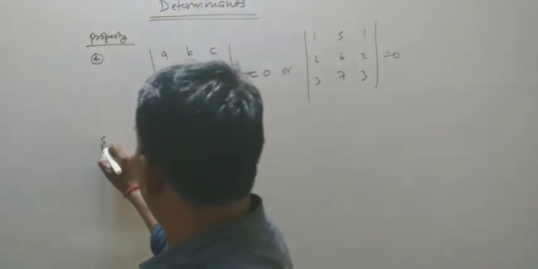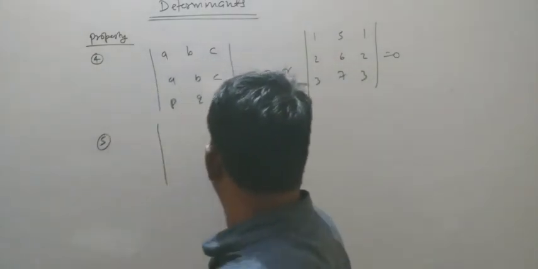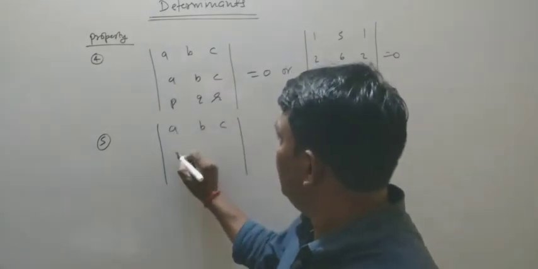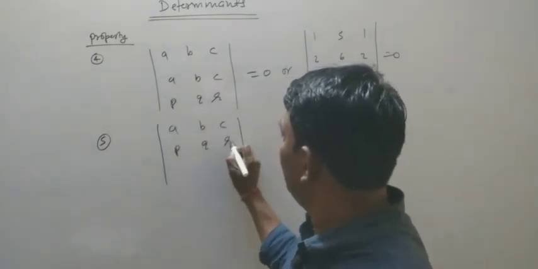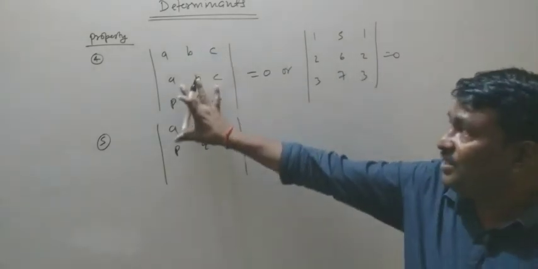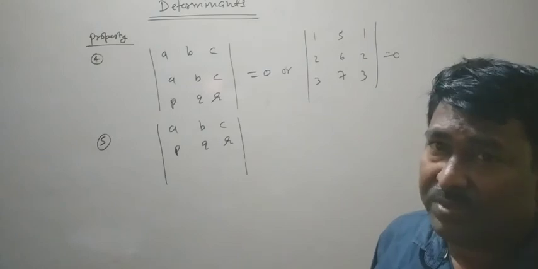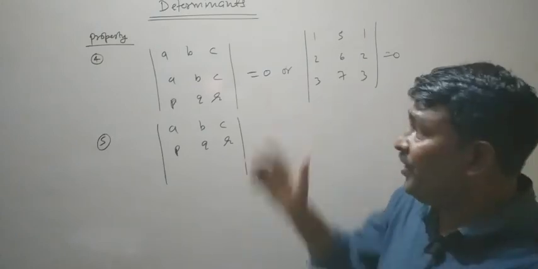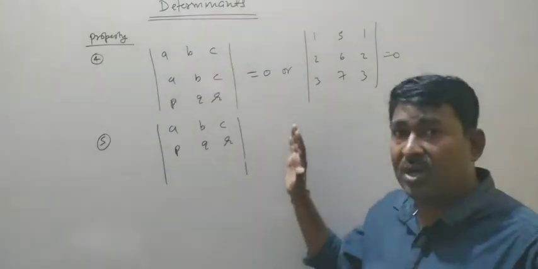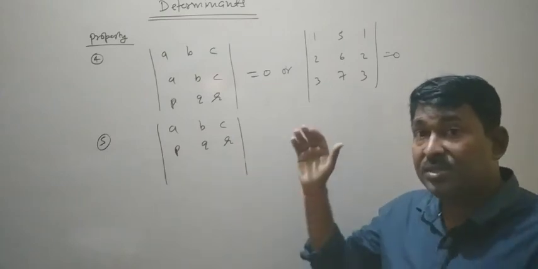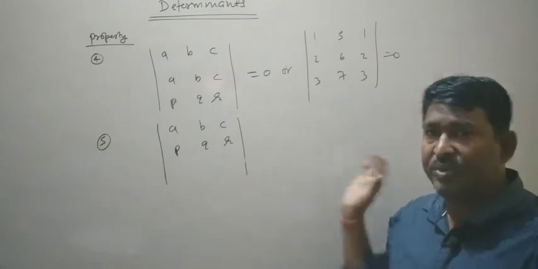Now the fifth one is that if any two rows or any two columns are in the same proportion, then also its value will be 0.